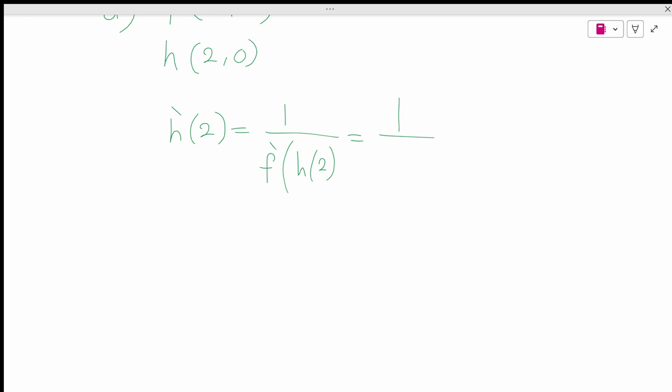As we can tell here, h of 2 is 0, right? h of 2 is 0, and then you have to find f prime of 0. f prime of 0 will be 3. So the answer is 3. How did I get 3? You just substitute the 0 into f prime of x.